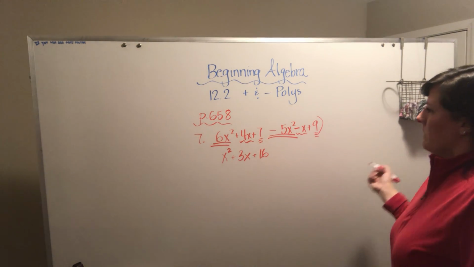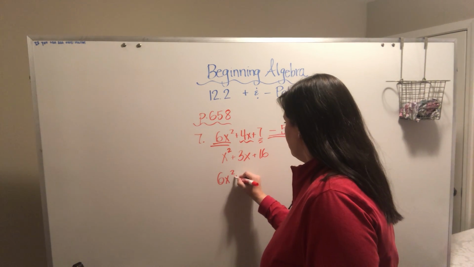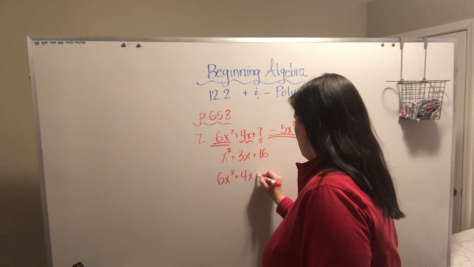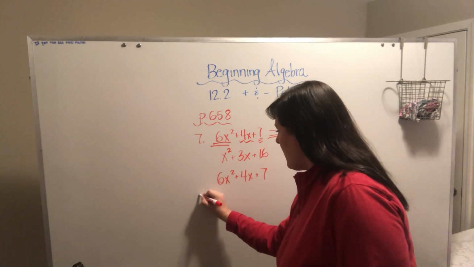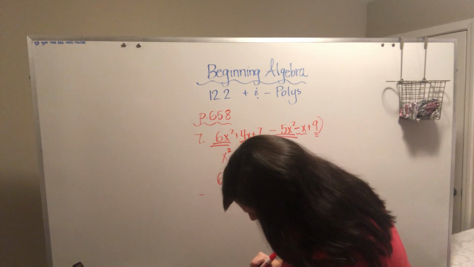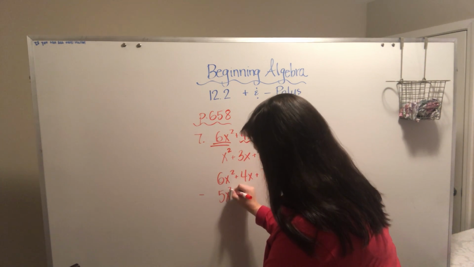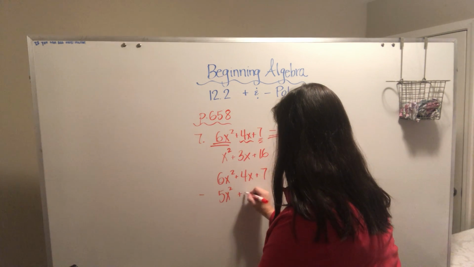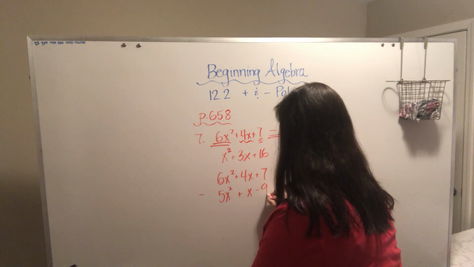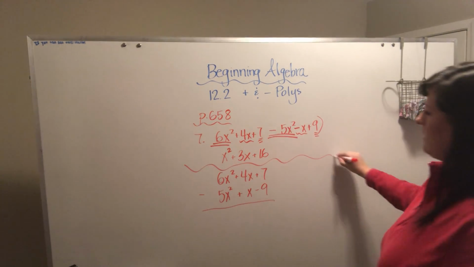Let me show you that vertically, see what it would look like using the other method. All right, we had minus, and then it said minus 5x squared plus x minus 9. All right, let's see how that looks doing the other method.